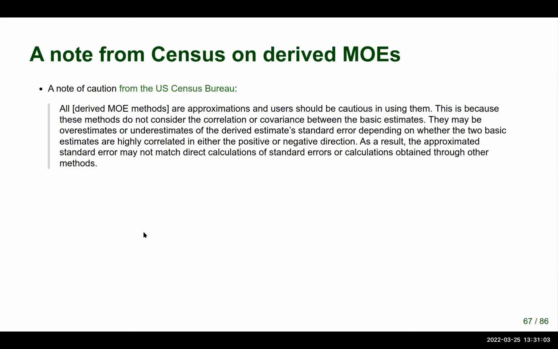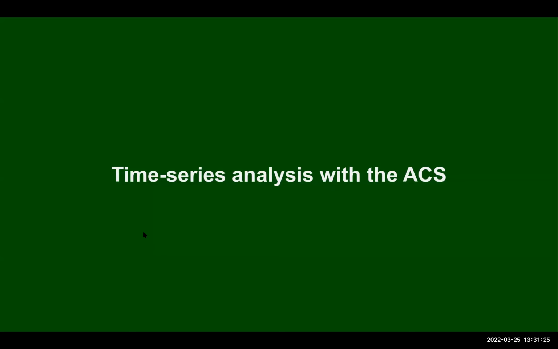Now, granted, you will sometimes need custom tabulations that are not in the subject tables or data profile, and that's where you reach for these methods instead. So population over age 65 by sex, that's in the subject tables, and I think the data profile, that's where you should go first.